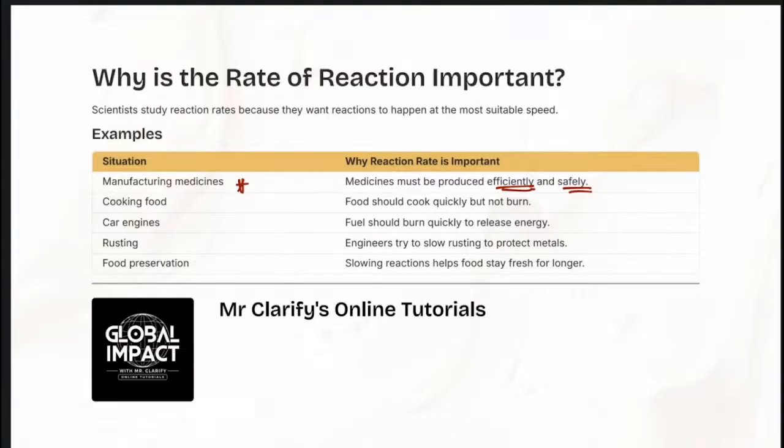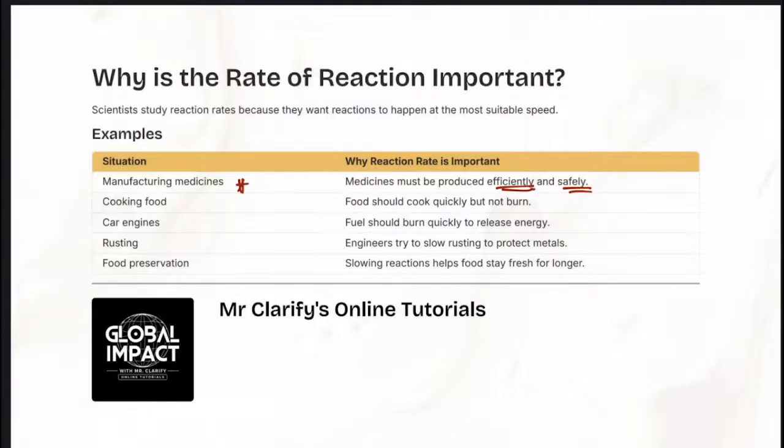Come on now. You cannot ignore this. If you want to be a scientist, you should be useful. Your science must help us. What good does it do if you know science but you cannot help us? This is how you can help us. The reason we want you to know this is we want you to be able to produce medicine as efficiently as you can.